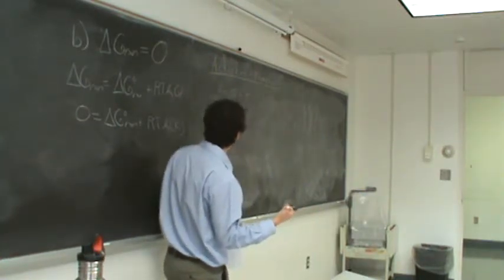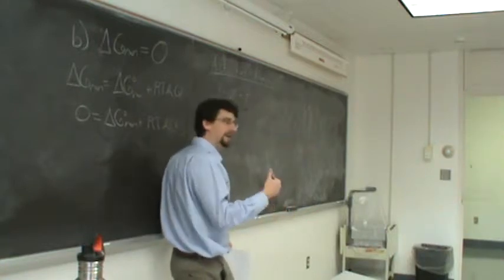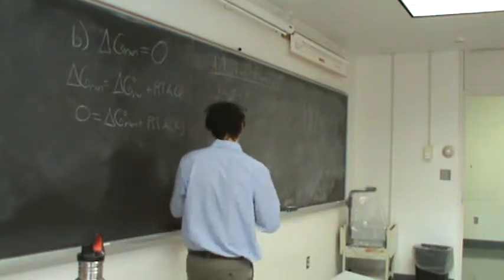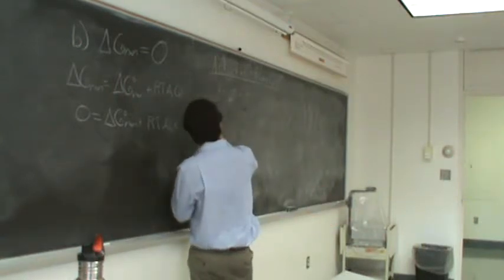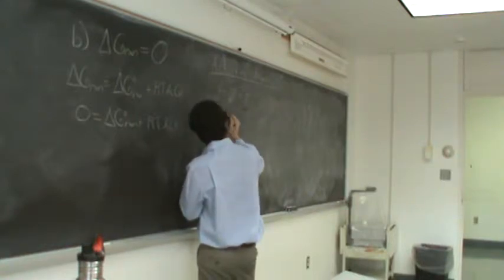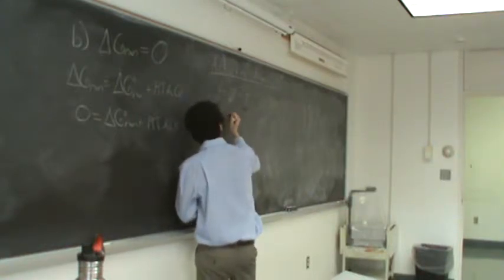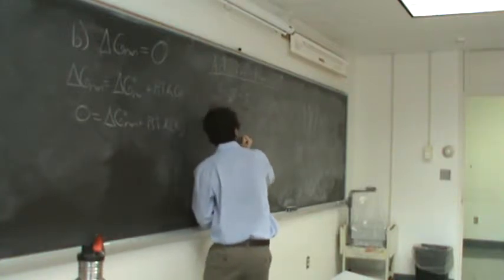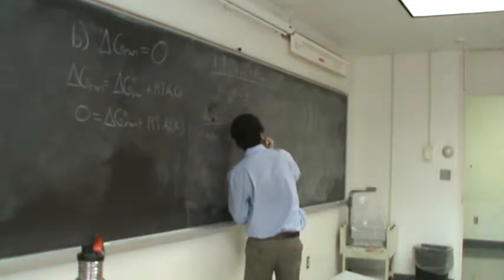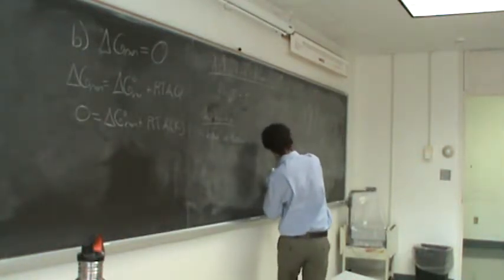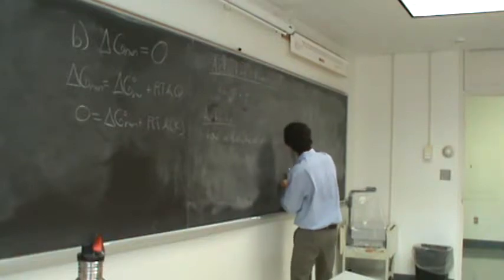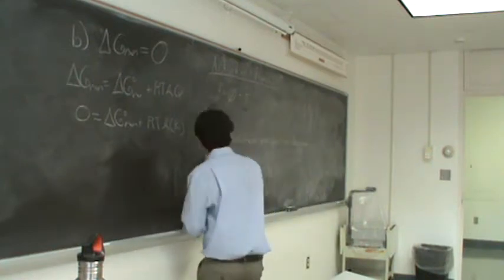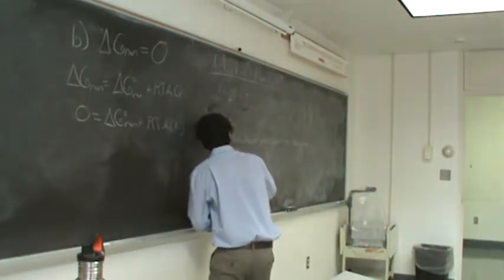When we're talking about gases, we're really talking about partial pressures. We can look at concentrations, molalities, and a bunch of other concentration terms. What is activity? Activity is how a solute or gas particle deviates from ideality.